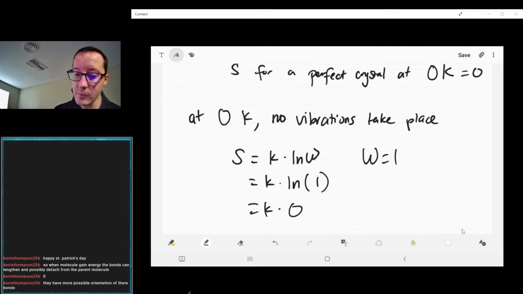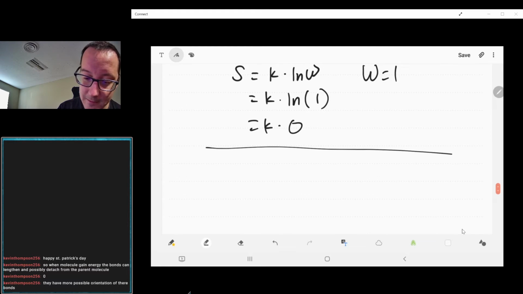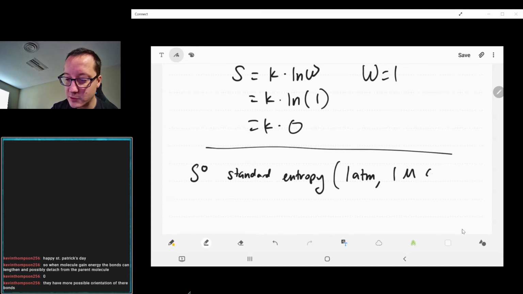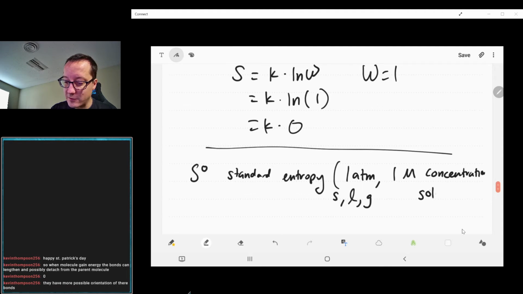Okay. So that being said, we're going to see that we have what are called standard entropy values. Those are going to be at either 1 atmosphere or 1 molar concentration, if you're looking at a gas or a solution, or they're just going to be at 1 atmosphere pressure for solids, liquids, and gases, and 1 molar for solutions.